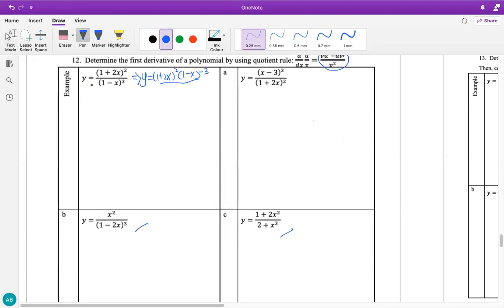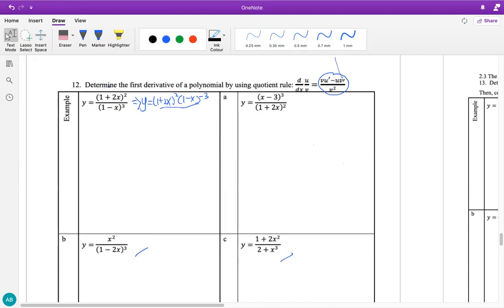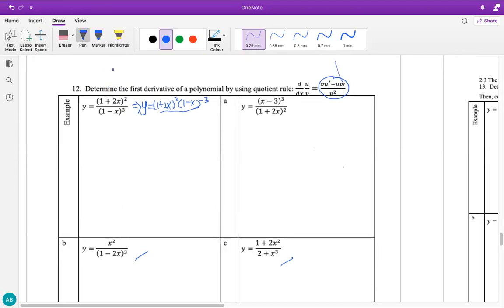So I will show the example and A. So what we do is we use quotient rule. Quotient rule is when you differentiate u over v, so you must remember the formula here: (vu prime minus uv prime) over v squared. This formula is not given.